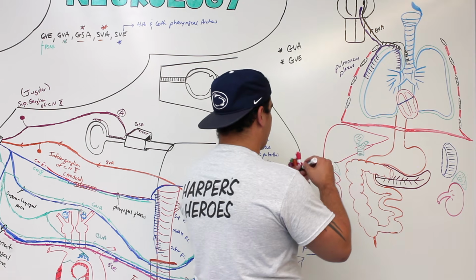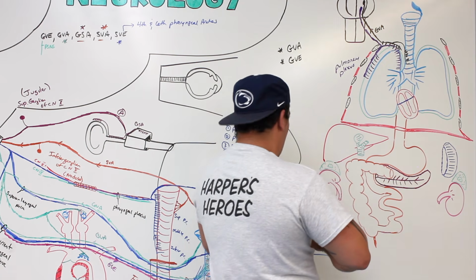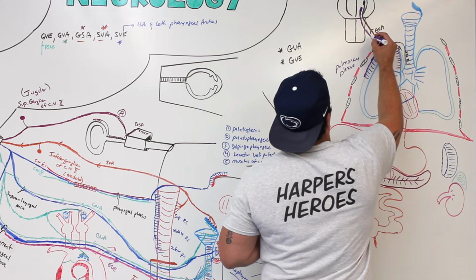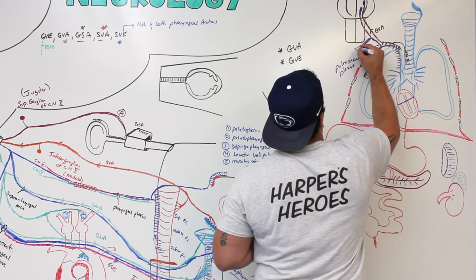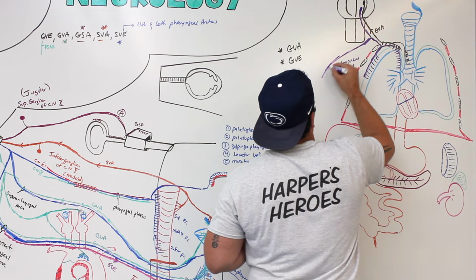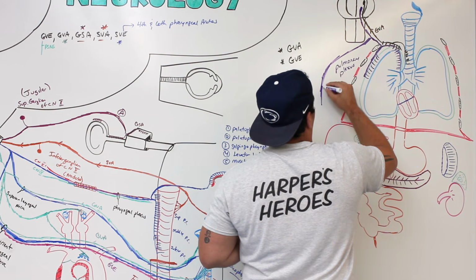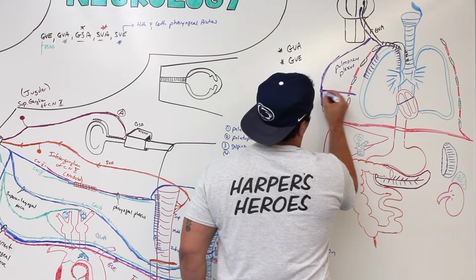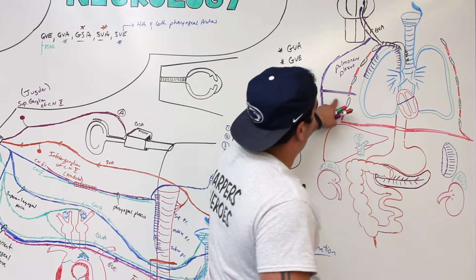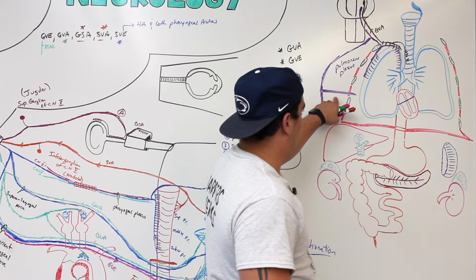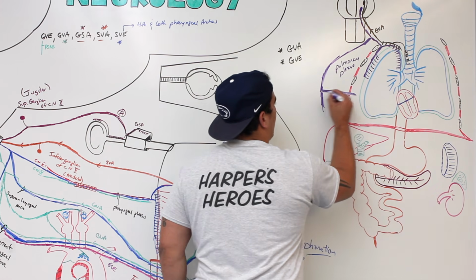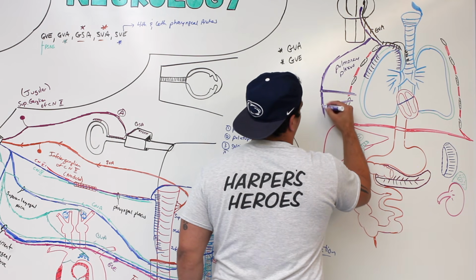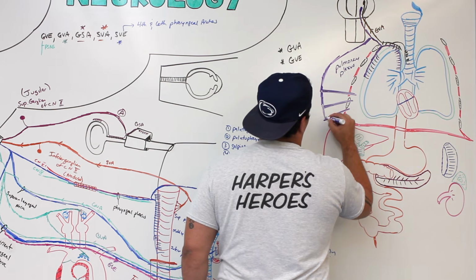All right, cool. Now, as this vagus nerve continues downwards, let's continue this bad boy downwards. It continues downwards and it gives off a boatload of branches here. So we're going to bring these out like this. It gives off different types of cardiac branches. It'll give off a superior cardiac branch, an anterior cardiac branch, and even a thoracic cardiac branch.